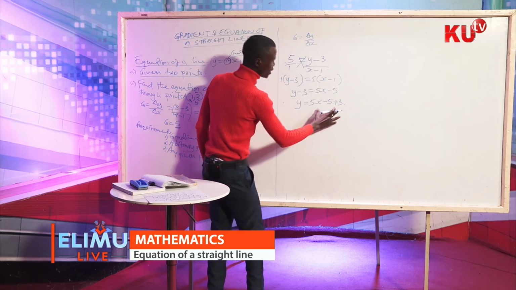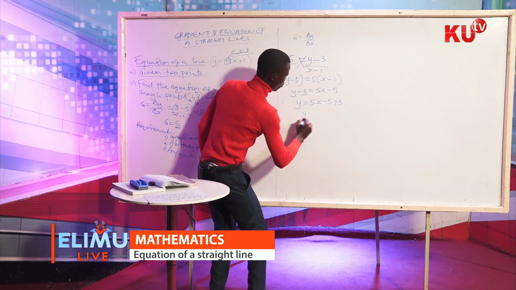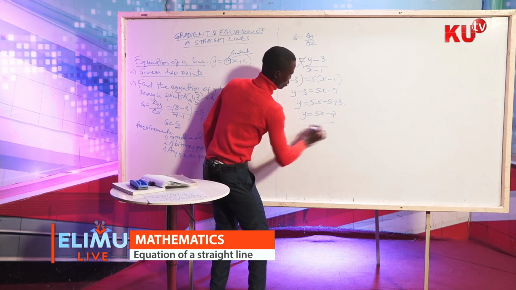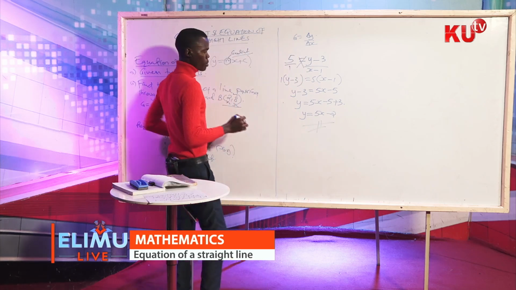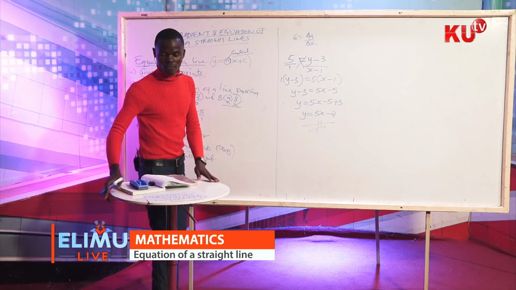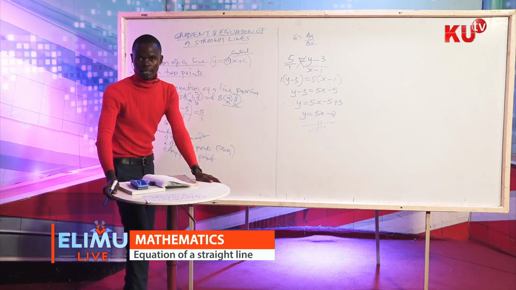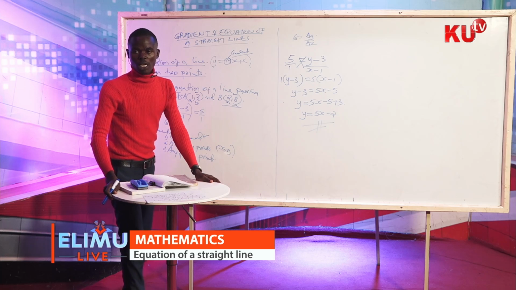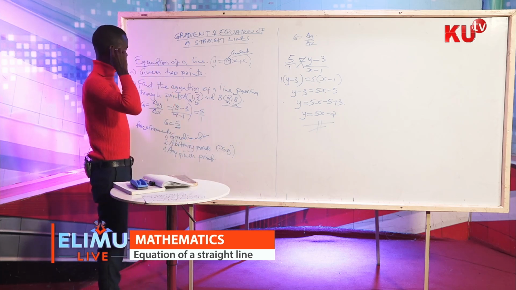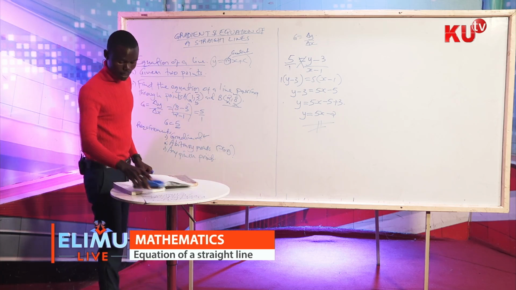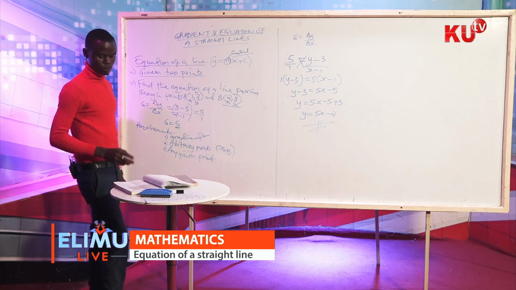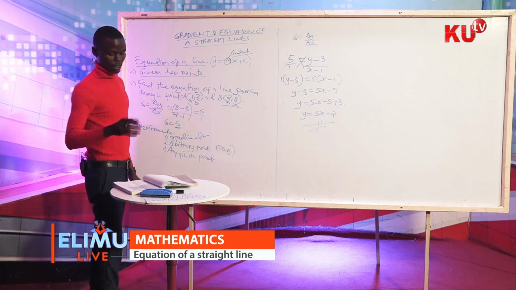Finally, if I simplify this, y equals 5x minus 2. And I'm cocksure that this is the same answer I got in the previous working. So in a nutshell, whichever point you use, you will get the same answer.